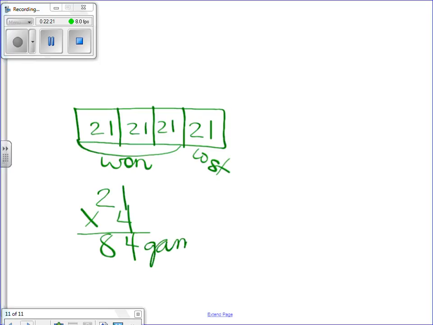84 games. But if you just did 3/4 of 21, would you have got that? No. You really needed a tape diagram. They gave you 1 square, and you needed to find the magic number.